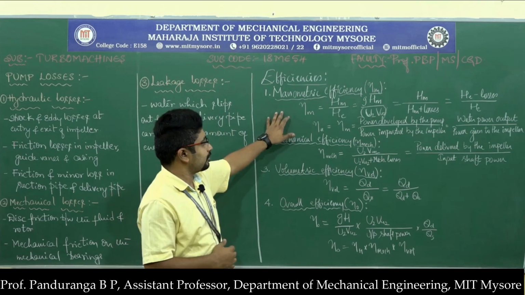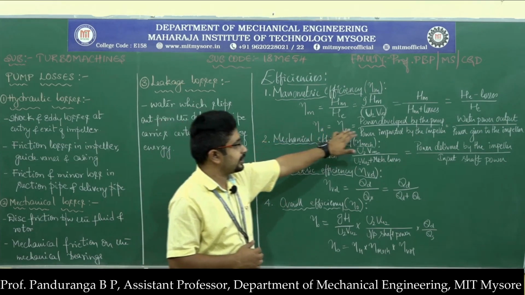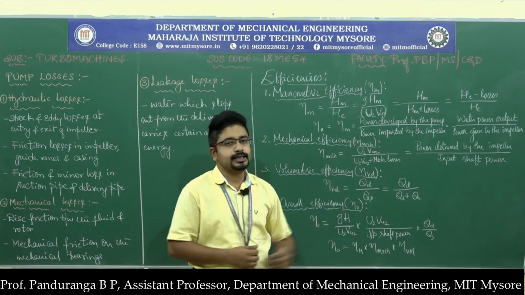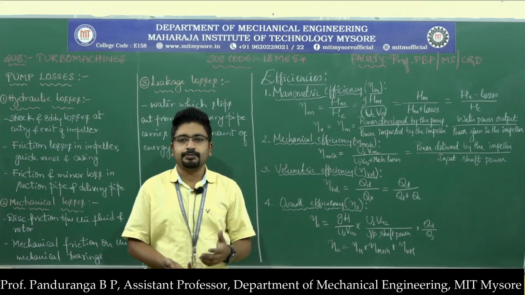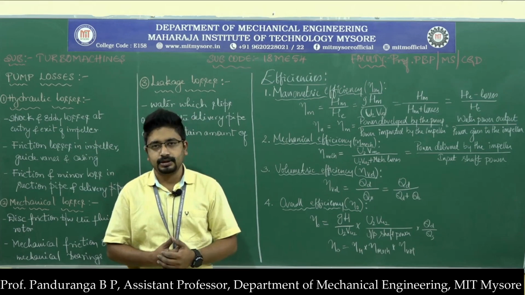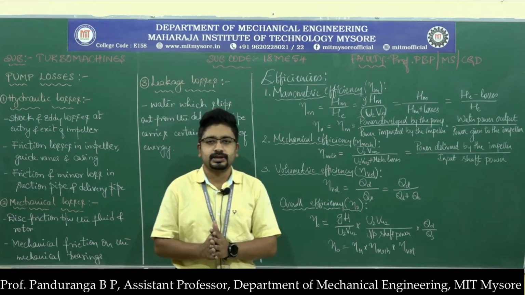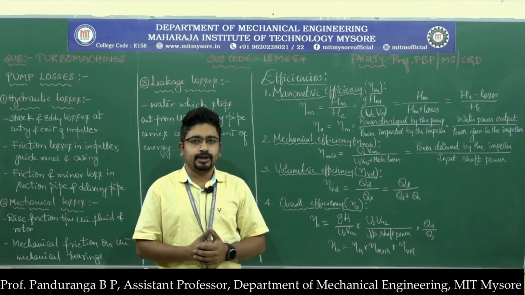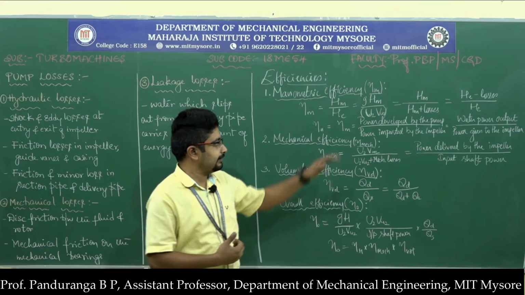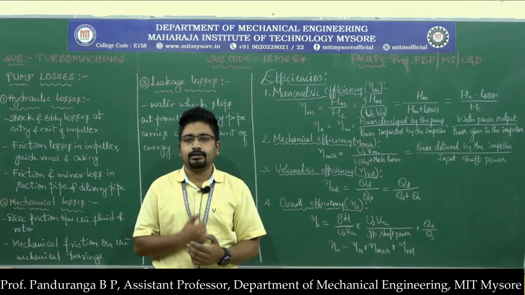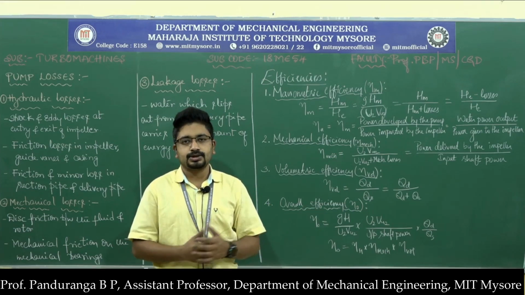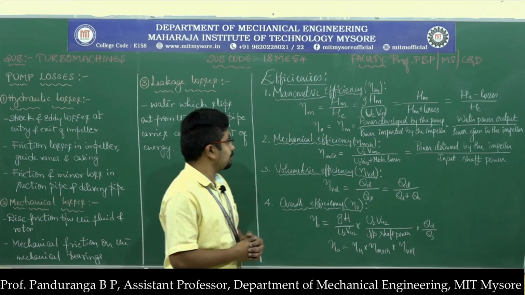Here the manometric efficiency is defined as the power developed by the pump divided by the power imparted by the impeller. The power developed is nothing but the head developed, so power and head can be used interchangeably in this case. So head developed by the pump divided by head imparted by the impeller, that ratio we call the manometric efficiency.